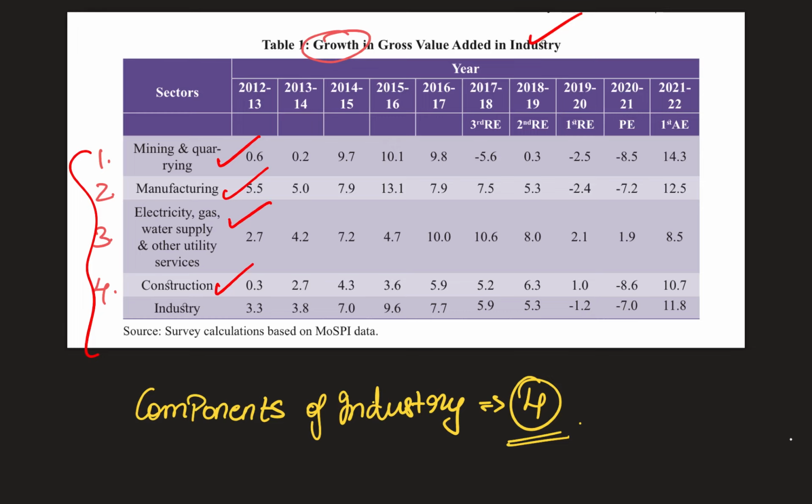So these four segments constitute the components of industry. So when you mean industry, these are the four categories that you should be thinking about. And if you want to track the performance of industry, these four segments' growth can be tracked, and we can say whether industry performed well in a particular year or not.